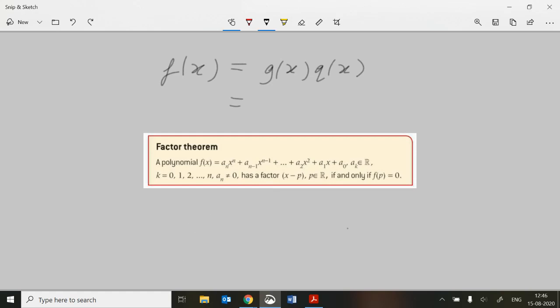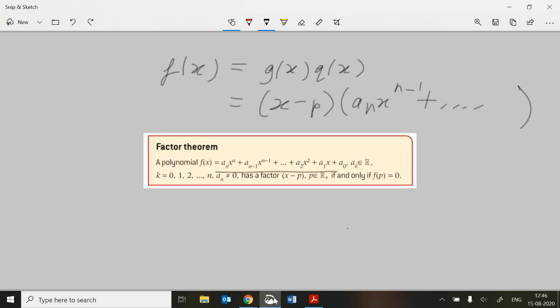So f of x is equal to, and I'm going to put the divisor as x minus p, and then we've got our quotient of x here, and in this case, that would be a_n times x to the n minus 1, because when we multiply that by this, we'll get this thing here. And then there'll be lots of other coefficients, not necessarily the same as these coefficients here, but that first one is the same. And this will be a polynomial of order 1 less.